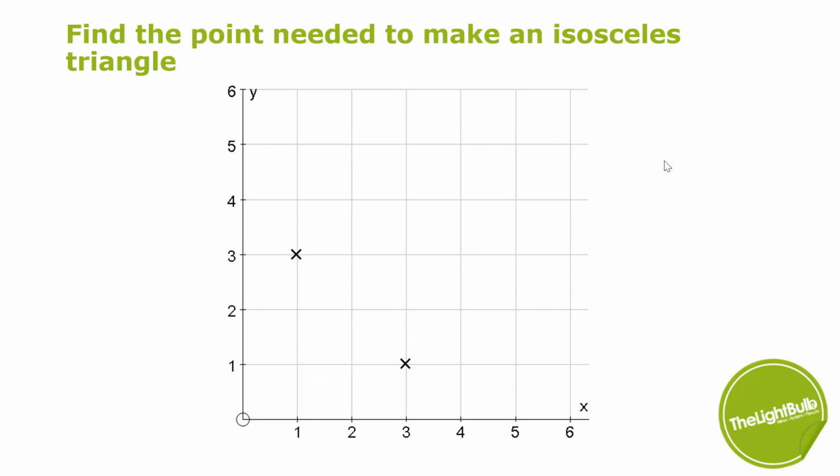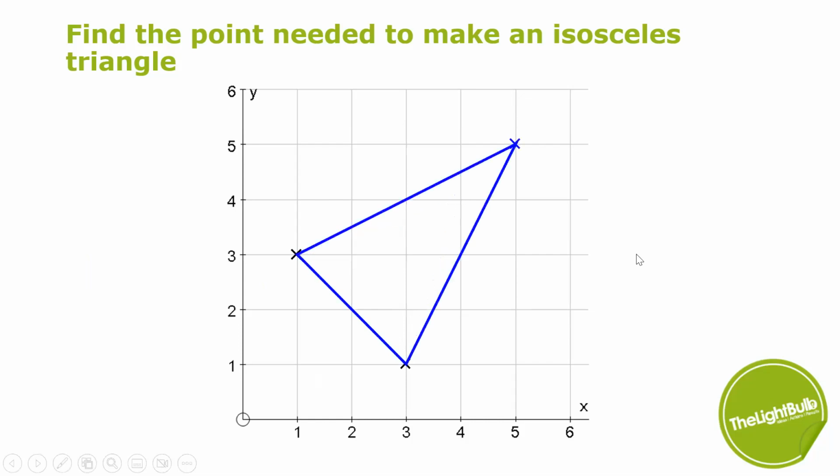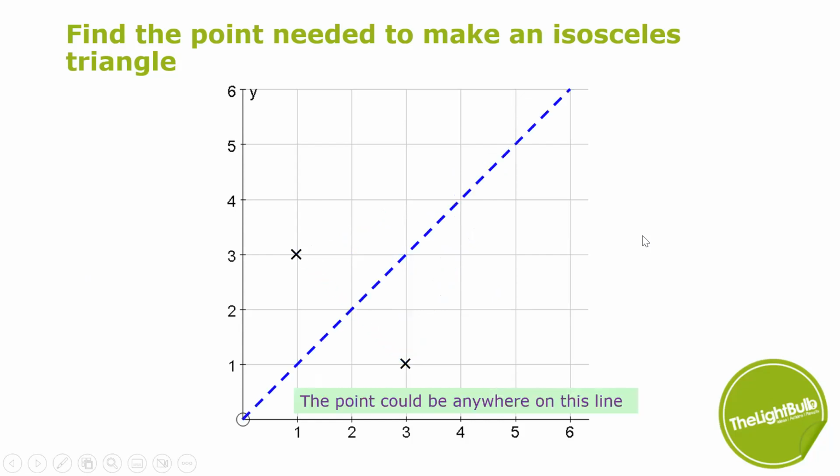There are different options available, actually. So you could have, for instance, 4-4. These two sides are the same. You could have 5-5 or 3-3. You could, in fact, have any point on this line, and that would get you an isosceles triangle.